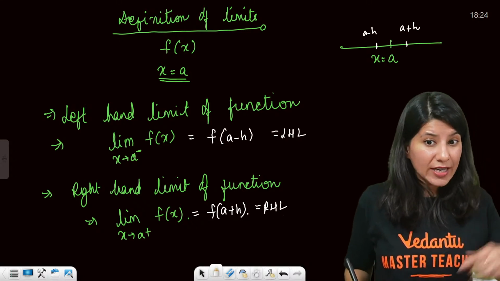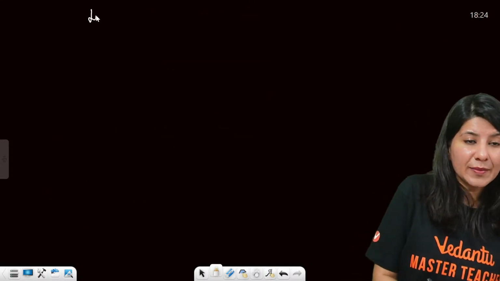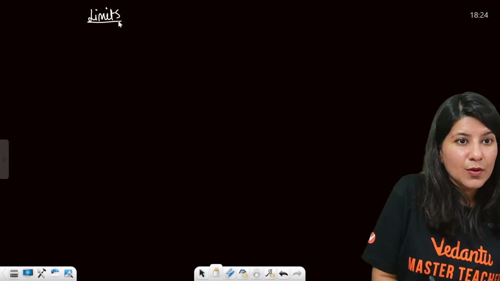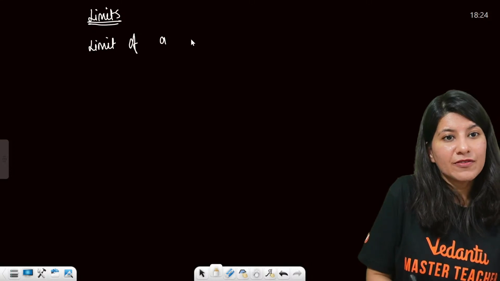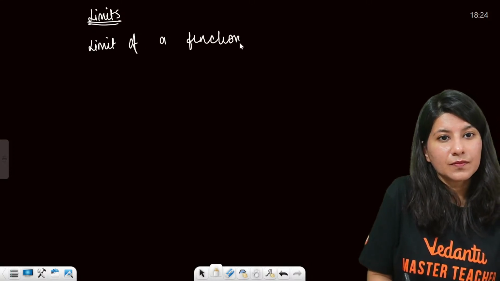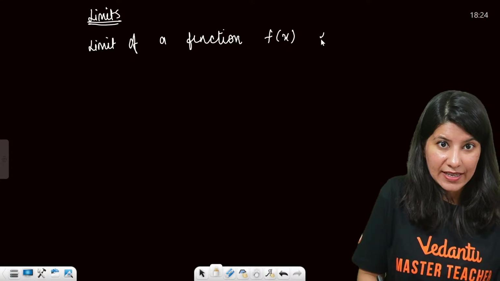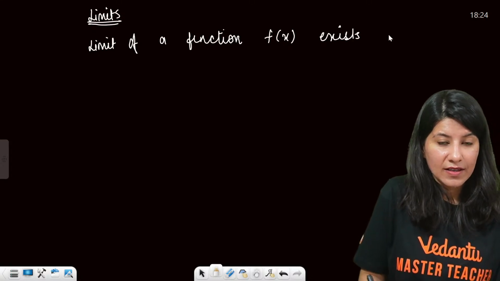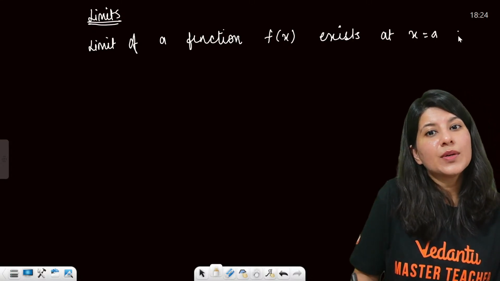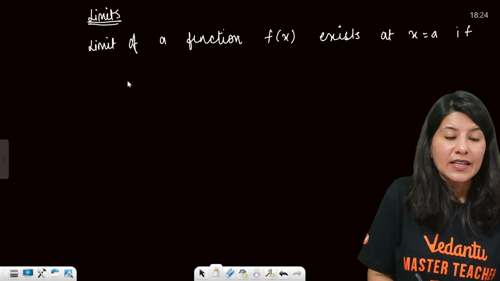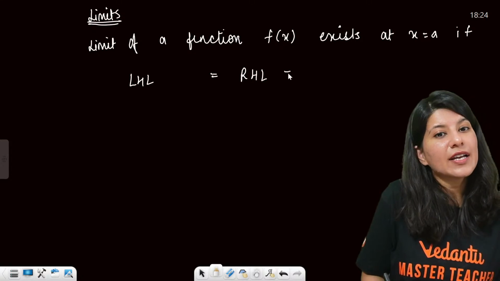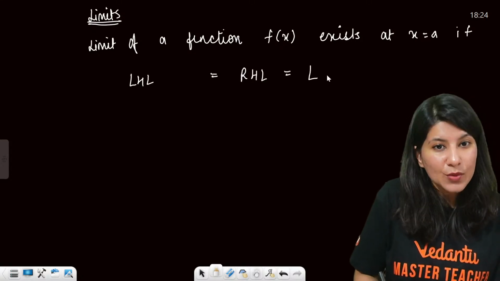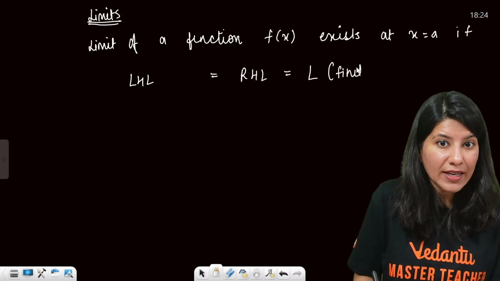Now let me come back to the definition of limits. A limit of a function f of x exists at x equals a if LHL of that function is equal to RHL of that function, which is equal to L, a finite value.